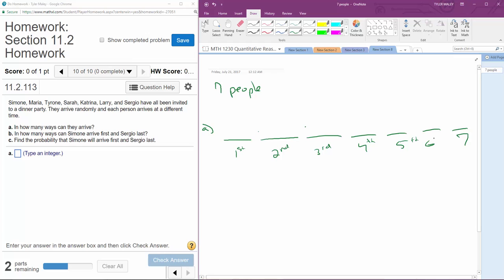So these are all the different places. Think about this: how many people can arrive first? Well, there are 7 different options for first place. One of the 7 can arrive.